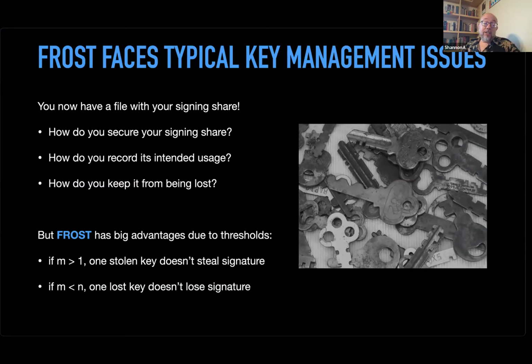It's going to be more resilient, meaning you're not necessarily going to suffer loss if you just lose one share. And it's going to be more secure, meaning you're not necessarily going to allow someone to steal it if they just get one share. So, yes, we have the typical key management issues, but by using a threshold signature, we hopefully are offsetting some of them.